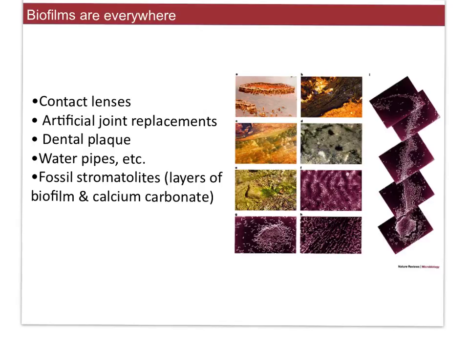Because of this dense exopolysaccharide layer and the depth of these biofilms, the antibiotics have a really hard time penetrating them. So it can be really hard to get rid of these types of infections, because the antibiotics can't even reach the cells, even if the cells may be sensitive in and of themselves to antibiotics.